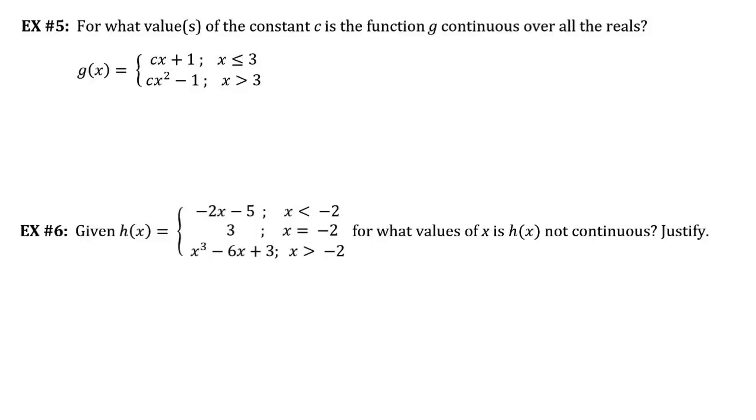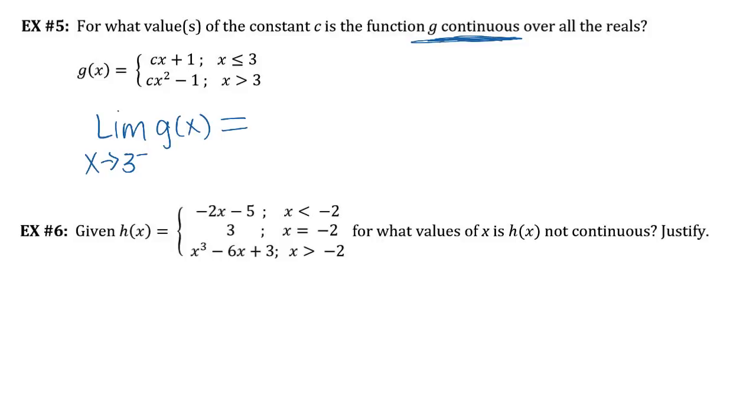Example 5 and 6, and these are our last two examples. You're wanting to know for what value can I make C so that I am continuous over all those real values. Now this really amounts to, and y'all, I'm cutting out a lot of the math stuff. All that this comes down to is looking at the limit as x approaches 3 from the left of g of x, and setting that equal, because you're forcing this to be continuous.